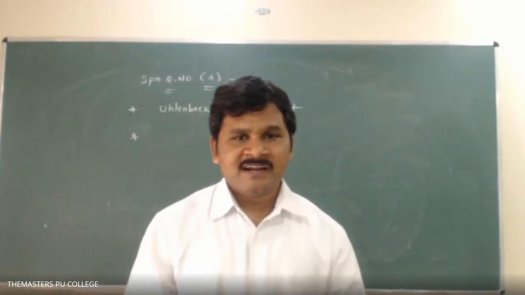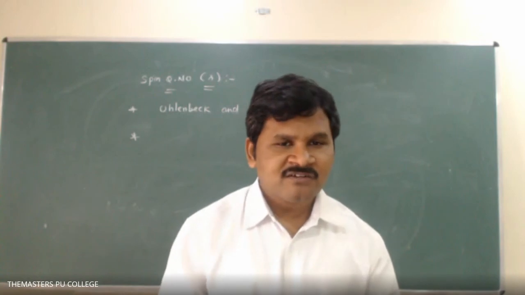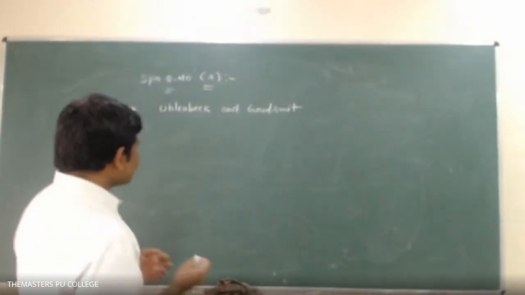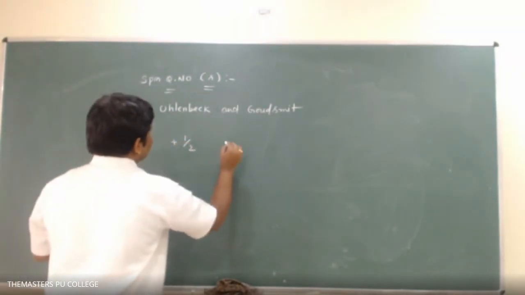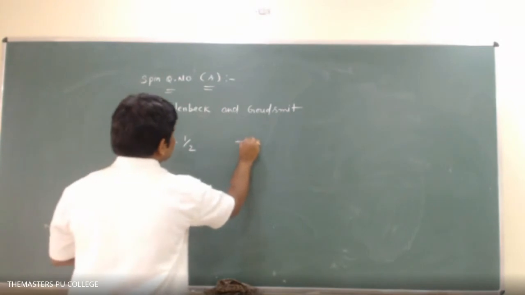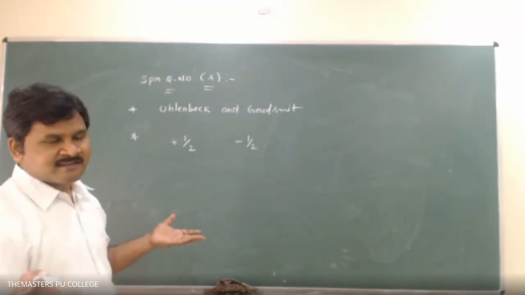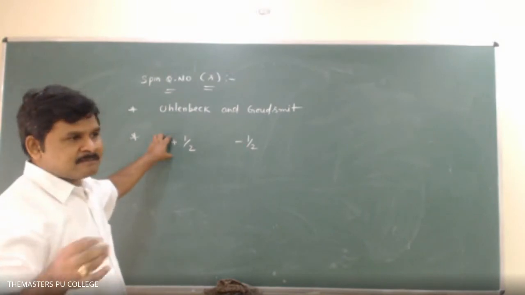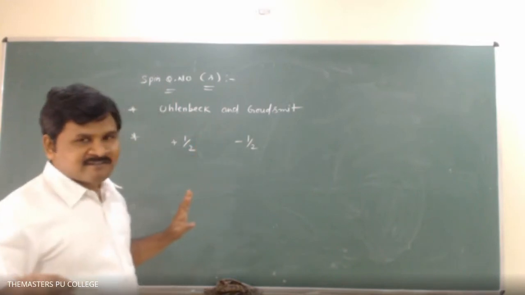Suppose the electron revolves in clockwise direction, its spinning value is plus half. If it revolves in anti-clockwise direction, its spinning value is minus half. That means either possibility may take place.